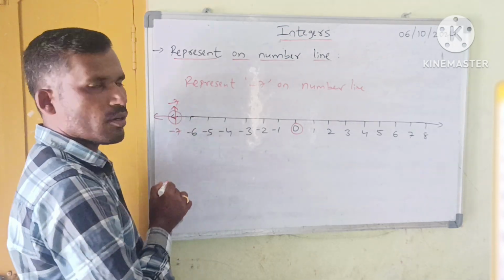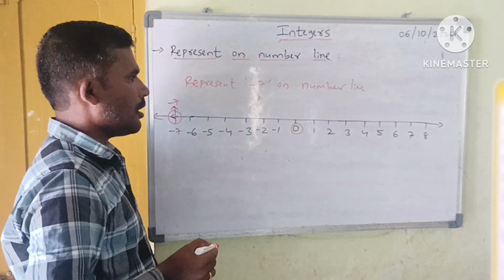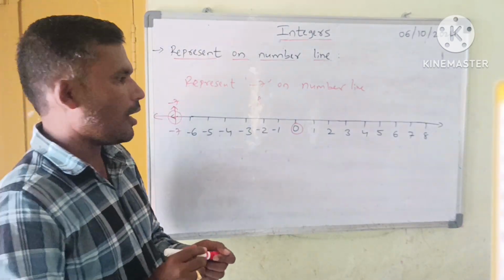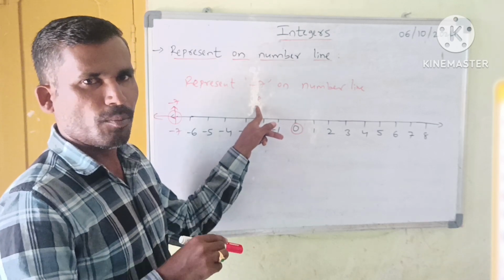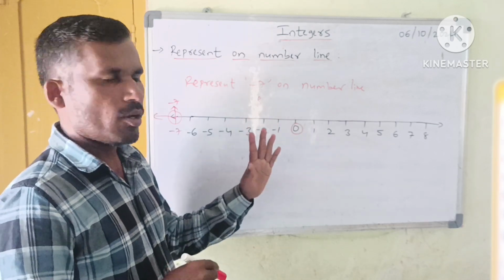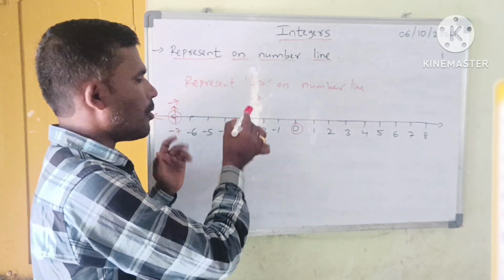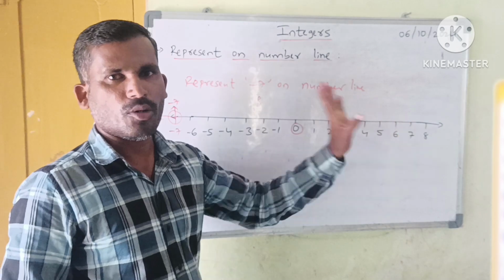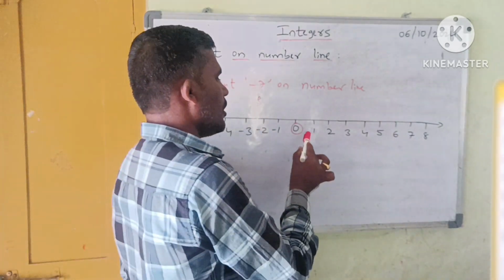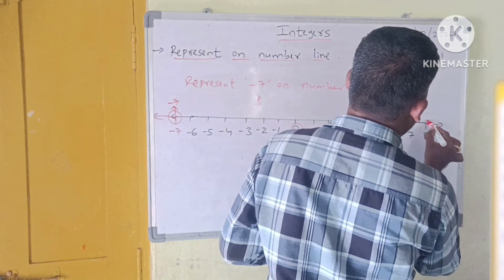For example, if you ask to represent 8 on the number line, 8 is a positive integer, a positive number. A positive number, you don't search on the left side of the origin. Positive means the right side of the origin, or the right side of 0, we have to see. So 0, 1, 2, 3 and so on, and here we have 8.